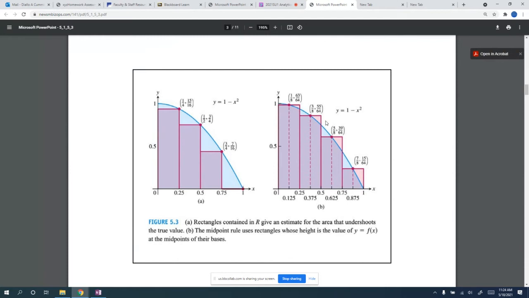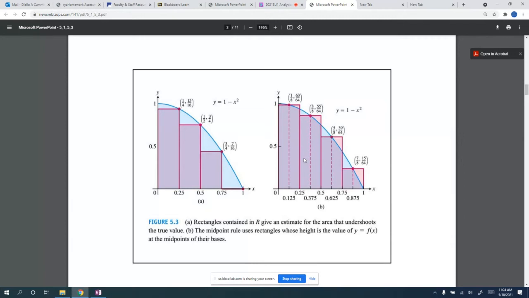And then next we have something called the midpoint. Notice that if we are using this midpoint to estimate the area, a portion of our rectangle is underneath the curve and a portion of our rectangle overshoots the curve. Here again, we can find the area by finding the area for all 4 rectangles and adding up these areas.